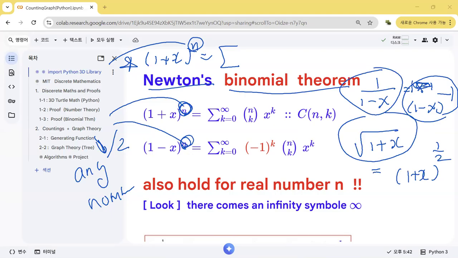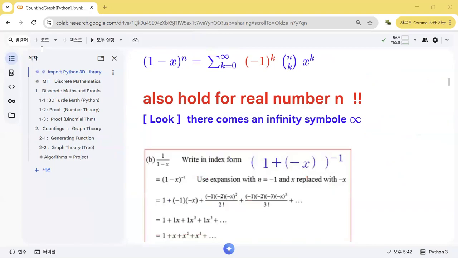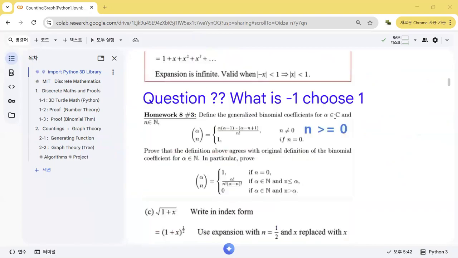But in the classical binomial theorem, this n must be a positive integer. So this is a more generalized one. So homework four is to prove this, using this generalized binomial theorem to prove this identity.